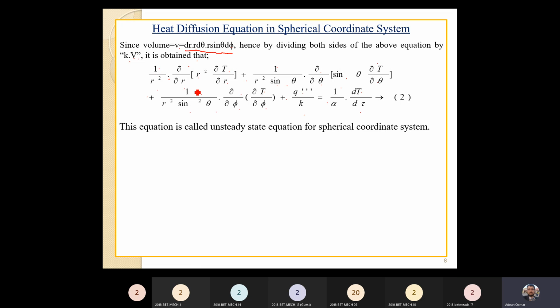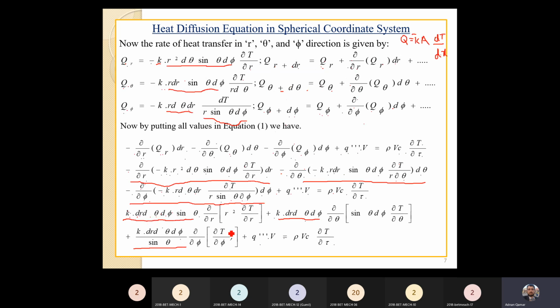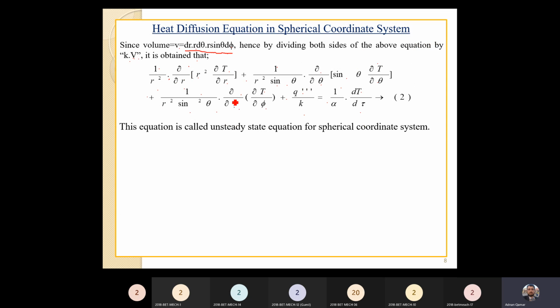So basically you have divided the two sides with v. On this side v would be cancelled out with v, and here in place of v you have written the value of v. So by putting the values and simplifying, you will get this equation. This equation is called the unsteady state equation for the spherical coordinate system, because so many partial derivatives are involved.